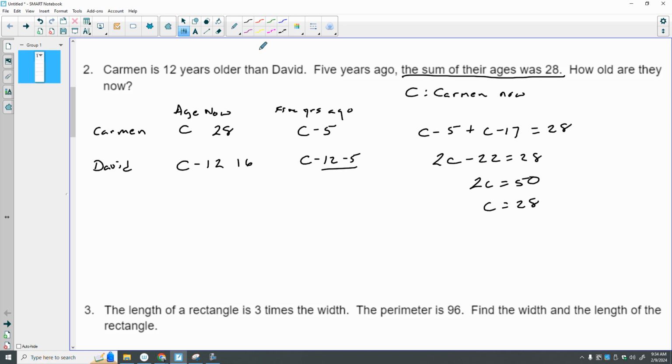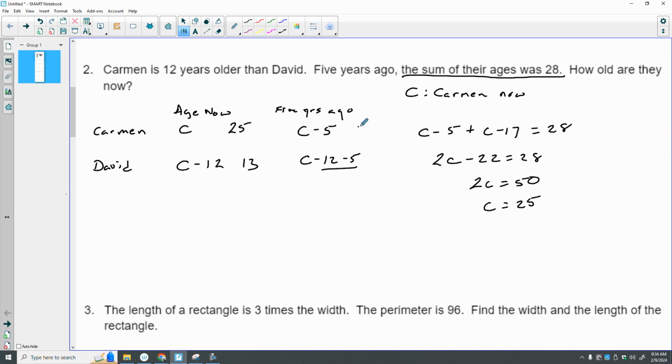Wait a minute, how about I divide correctly? Wow. 50 divided by 2 is not 28. 50 divided by 2 is 25. So Carmen is 25 and David is 13.